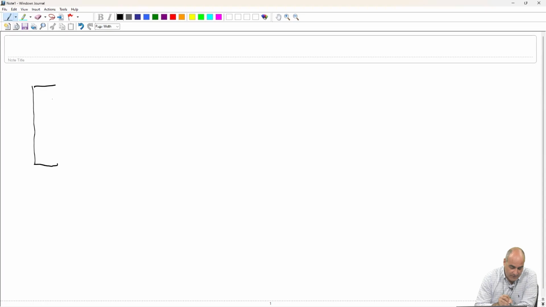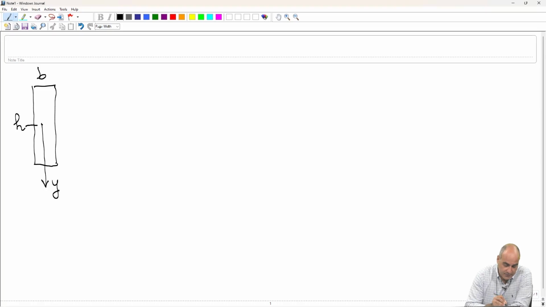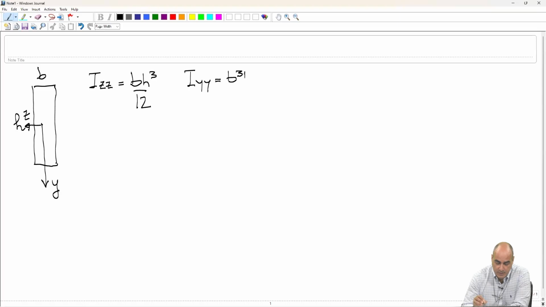So before we have considered this cross section for the beam, am I right? And actually we had this reference system here, correct? And what I wrote was J_ZZ = b cubed h over 12, and J_YY was b cubed h over 12. Okay?